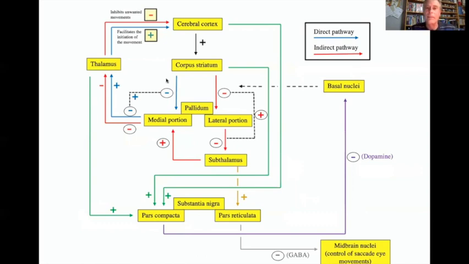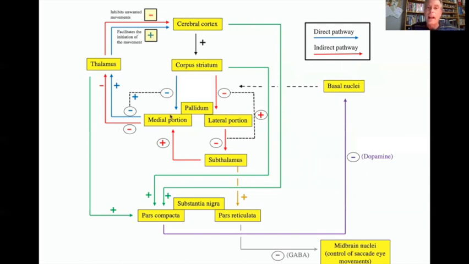This is a summary, and it's important to notice that the cerebral cortex, as I have said, activates the striated body, or corpus striatum, and the corpus striatum projects to the pallidum. However, it may reach the medial portion or the lateral portion, and the pathways are going to be different. When reaching the medial portion, it is inhibitory, and as the medial portion is inhibitory of the thalamus, we end up having an activation. So it facilitates the movement.